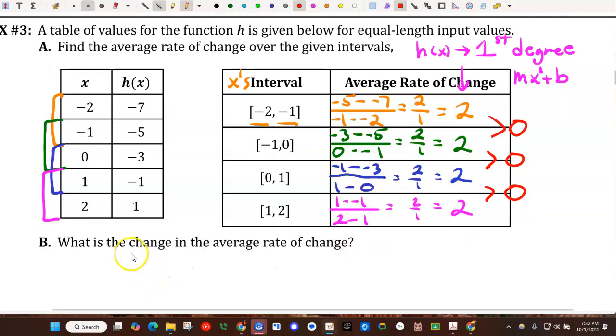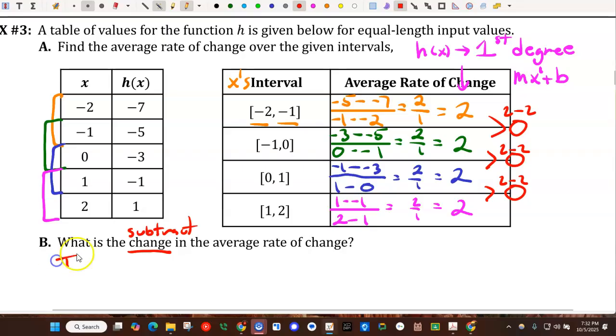Okay, so when you see "change in," that's a lot of subtraction. Just like when we found the average rate of change here, we did a lot of subtraction: subtraction of the y's over subtraction of the x's, and then we did a subtraction of each of those. 2 minus 2 came out to 0. Right here, these came out to 0. So the change in is always going to be subtraction. So that's what they're asking here.